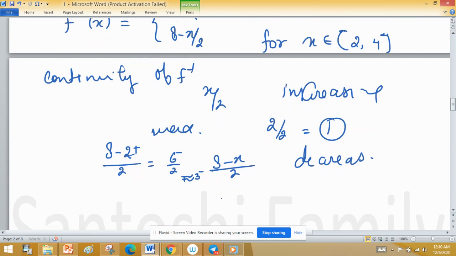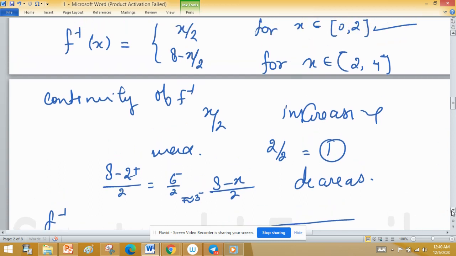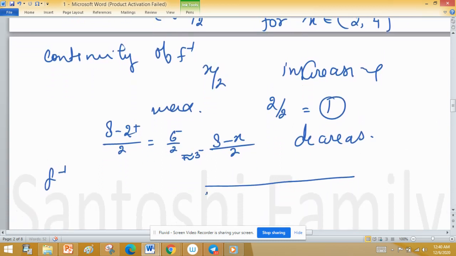So you can look here. This is my domain for f inverse, 0 comma 2 and 2 comma 4, so this is 0 to 4. Now the function attains max value at 1, and then near about 3.